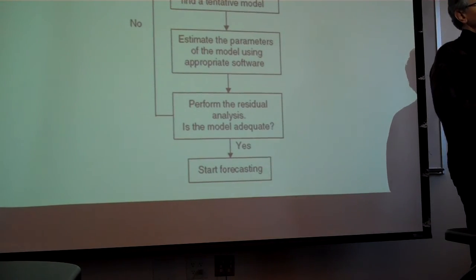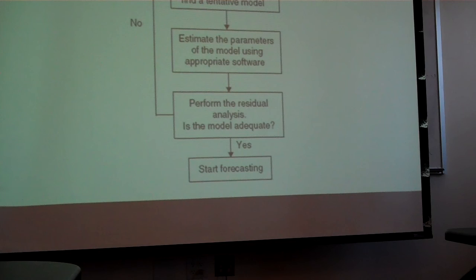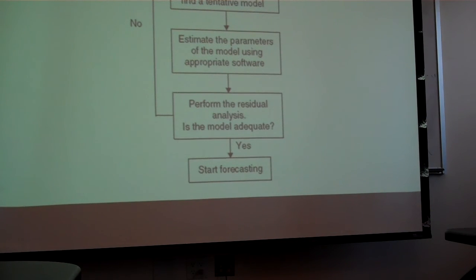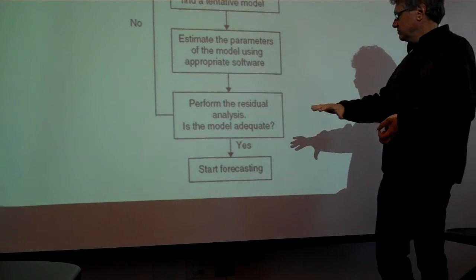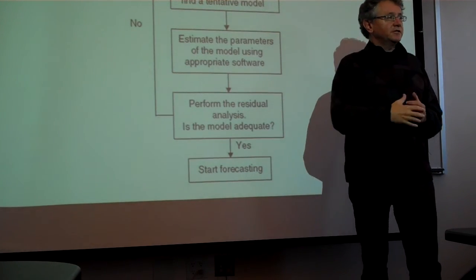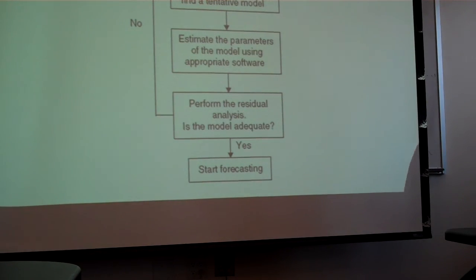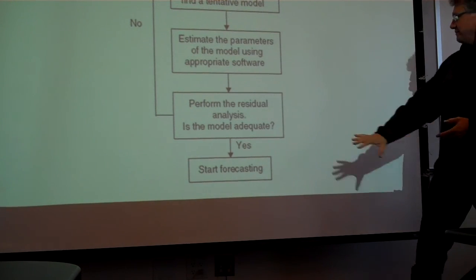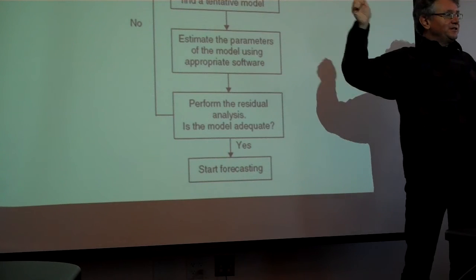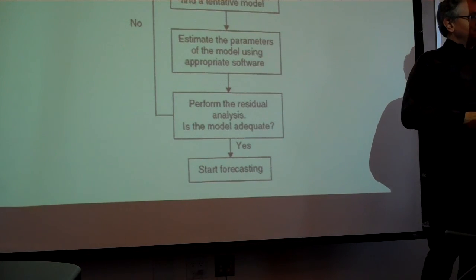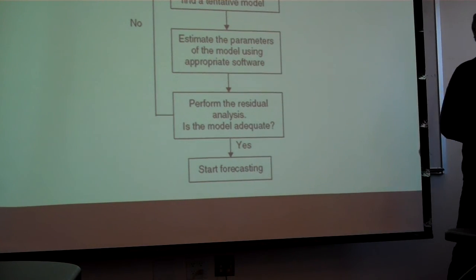As I said, do the residuals look IID and normal, and in particular, is there temporal structure? We want to have removed all the temporal structure from the residuals. So if we look at the ACF and the PACF of the residuals, our hope is that there are no significant correlations in either of those. And if there are, then we need to scratch our heads and go back and pick some different values for P and Q.